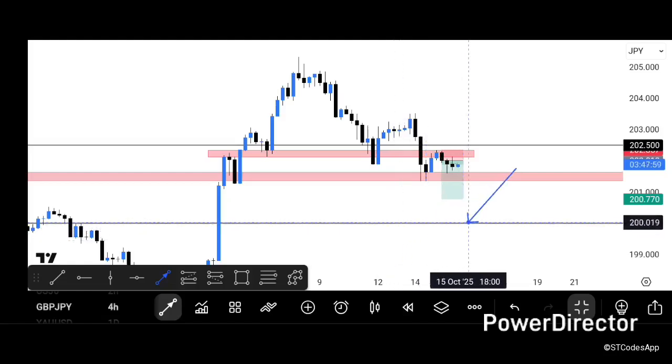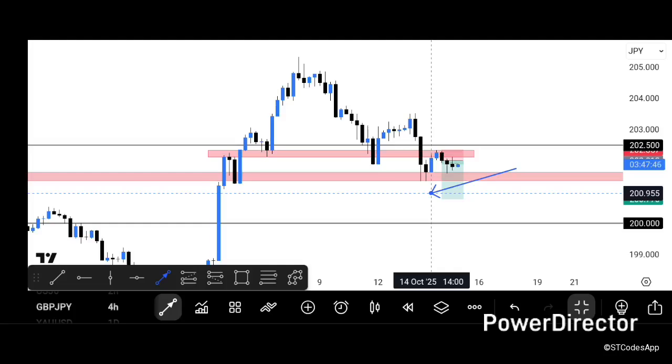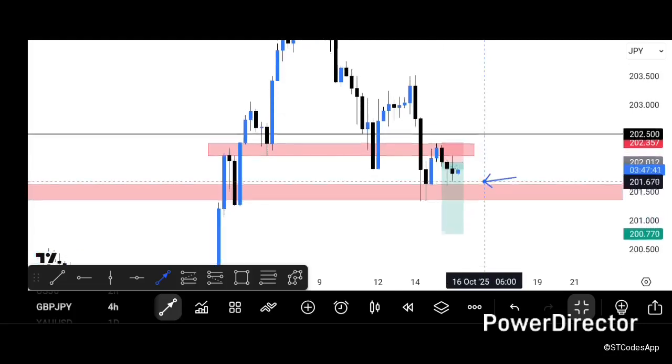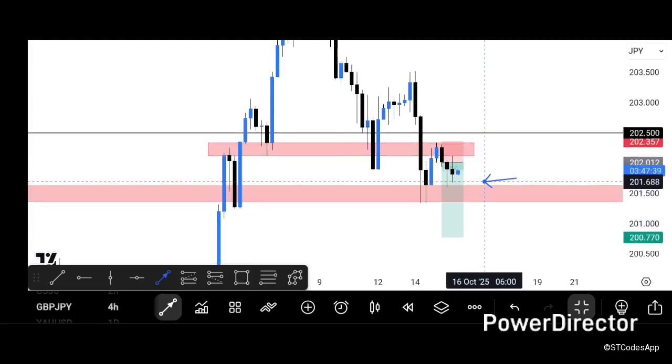Since we are under it, we are looking for a short position, but we'll see how this position plays out. But yeah, basically that's what's happening with GJ.